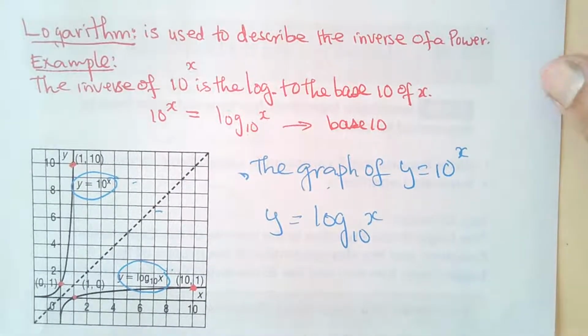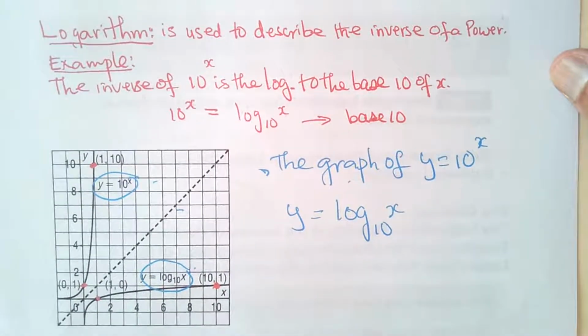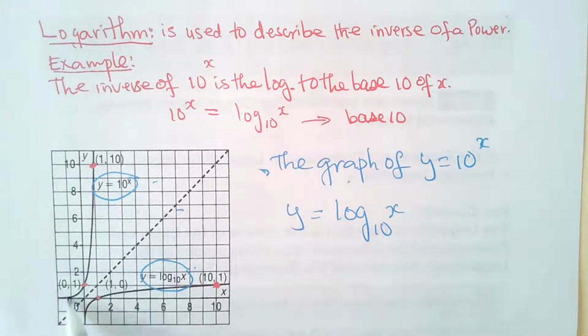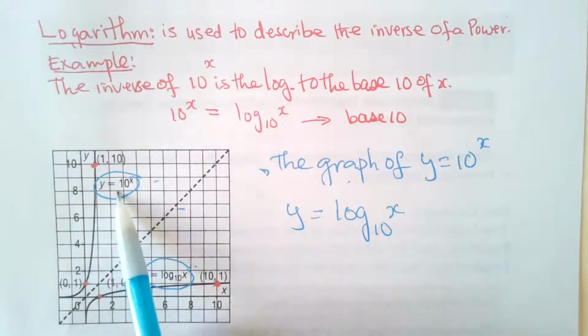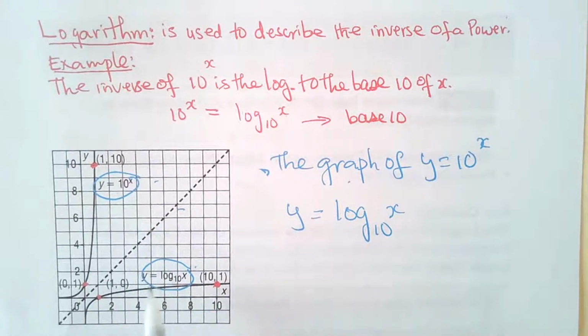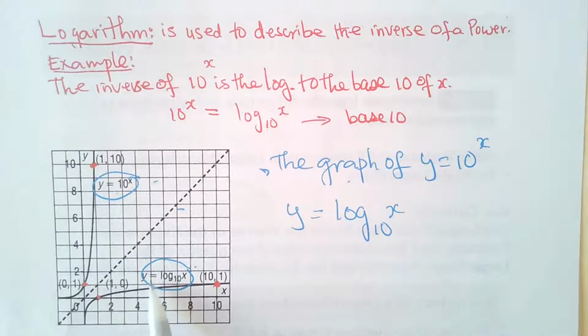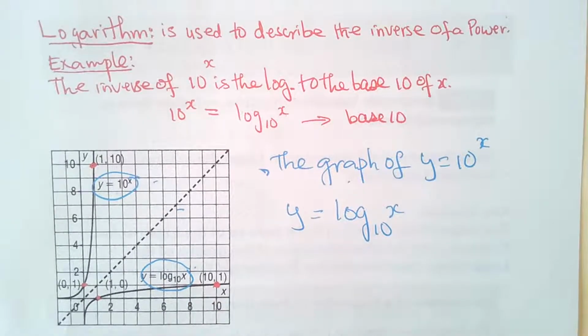I will talk a little bit later on more about base 10. So here we're comparing. We have y equals 10 to the power x, and we change that to log form: y is equal to log base 10 of x. Notice it's the inverse of each other.